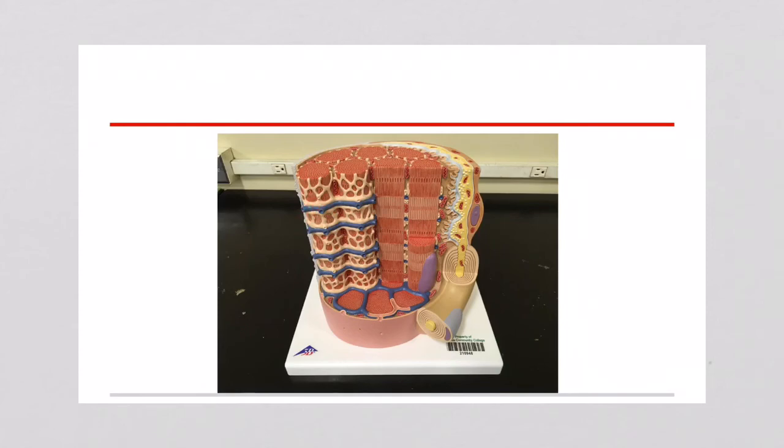We can see the light and dark banding. So a sarcomere, remember that, this is where those Z discs are. So a sarcomere is going to be from this Z disc to this Z disc. That forms a sarcomere. Okay?